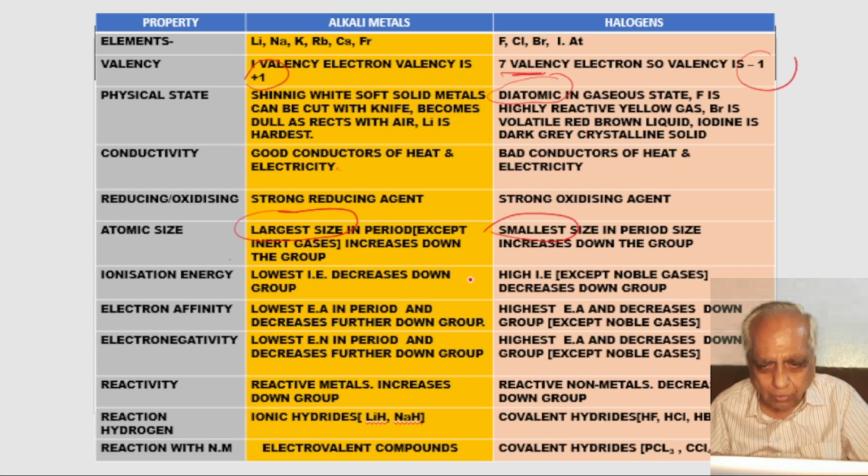They have high ionization energy, and non-metallic property decreases, therefore it decreases down the group. Here also, metallic property is increasing down the group. So in the beginning this one has the lowest, this one has high, and this will gradually reduce, this will also gradually reduce, because metallic properties reduce down the group.